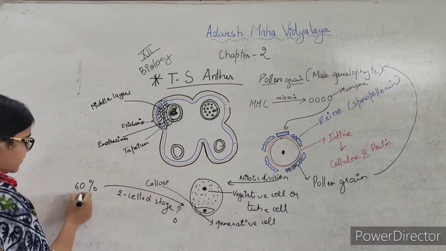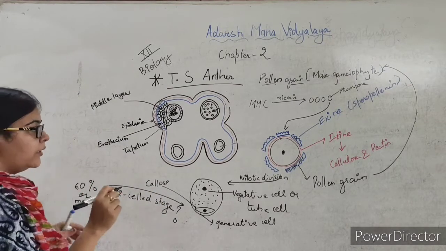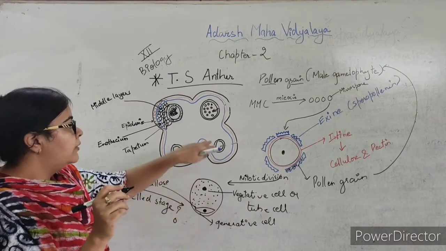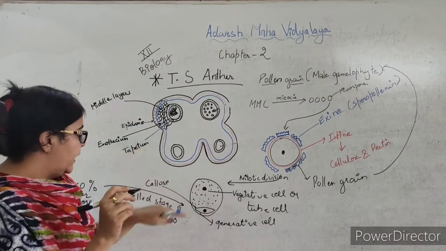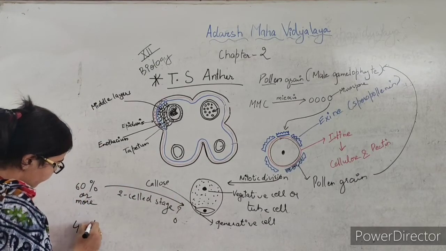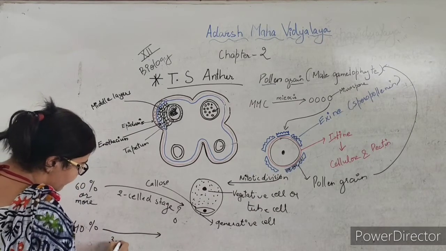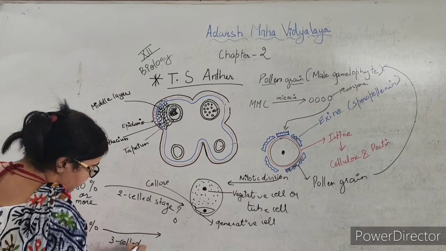So we can say that in 60% or more of angiosperms, the pollen is shed from the microsporangia in the 2-cell stage. But in 40% of angiosperms, it is shed in the 3-cell stage. Now what does that mean?